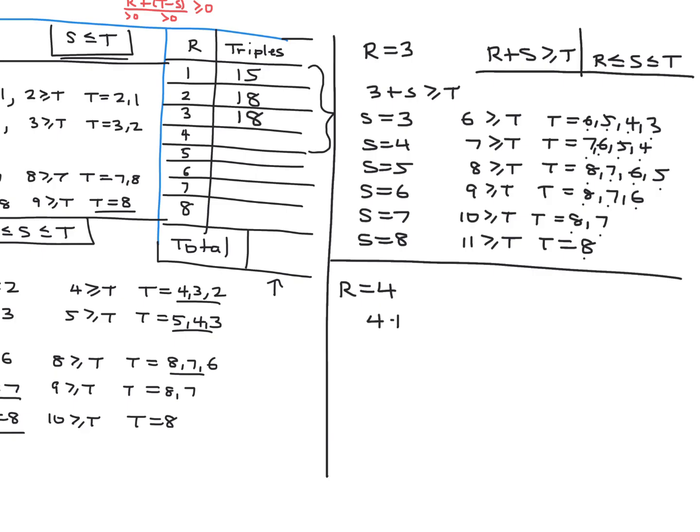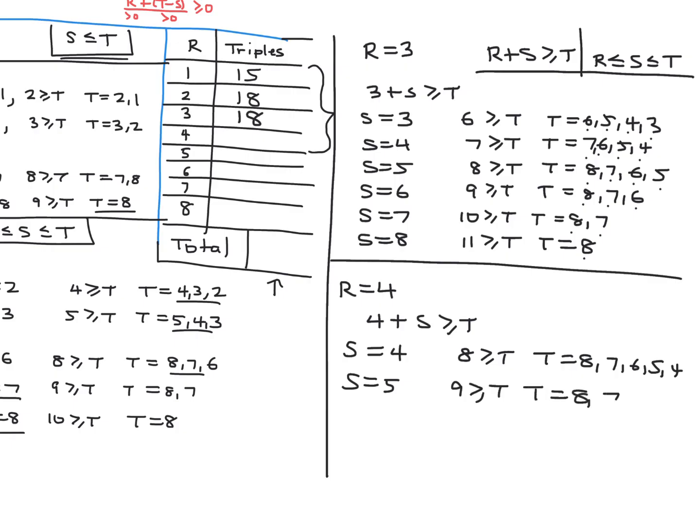This will become 4 plus s is greater than or equal to t. We have to start with s equals 4, remember? So s equals 4: 8 is greater than or equal to t, so t would be 8, 7, 6, 5, and 4. When s is 5, 9 is greater than or equal to t, so t would be 8, 7, 6, and 5.